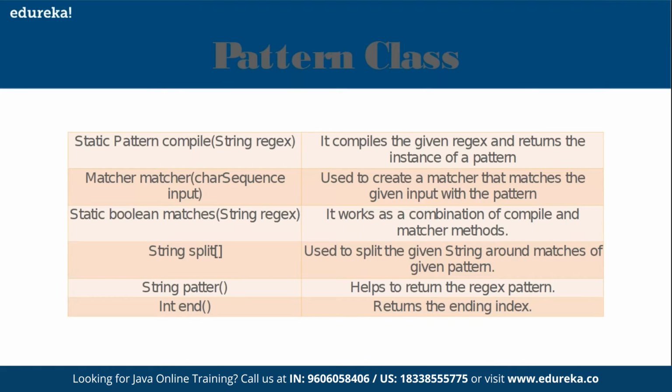And also we have matcher, which takes the character sequence as the input, used to create a matcher that matches the given input with the pattern. And also you have static boolean matches(String regex, CharSequence input). It works as a combination of compile and matcher methods. It compiles the regular expression and matches the given input with the pattern.